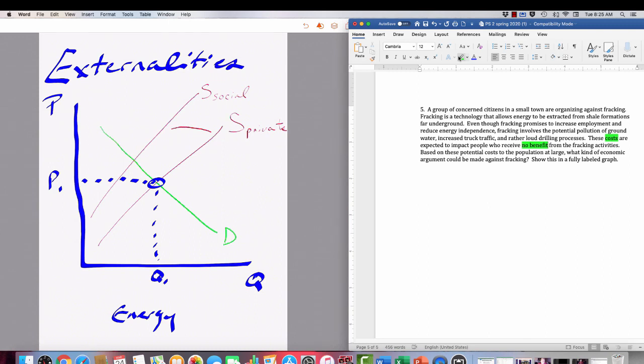And if they are taken into account, in other words, if the producers have to bear those costs, then that's going to shift the supply curve back to the left, give us a lower amount of activity, not no activity, just less activity at a higher price.